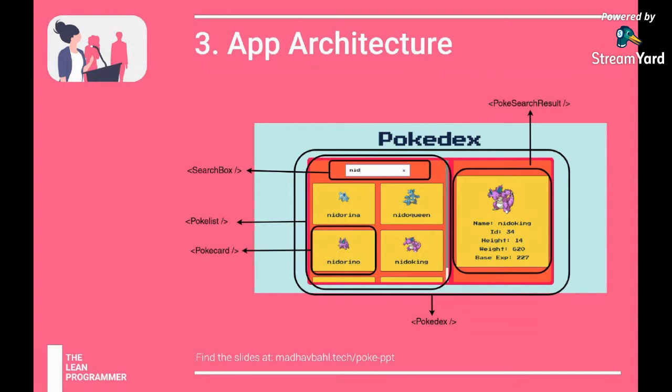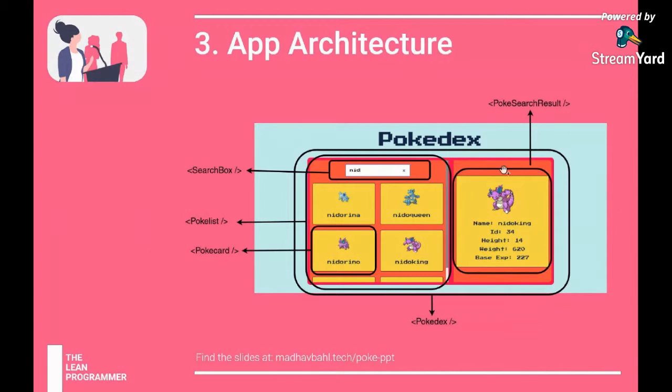And awesome. So basically, let's just divide our app into components. We need to modularize our app as much as we can. For that, we divide into the smallest possible components.